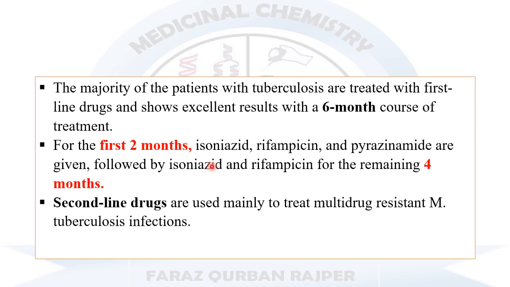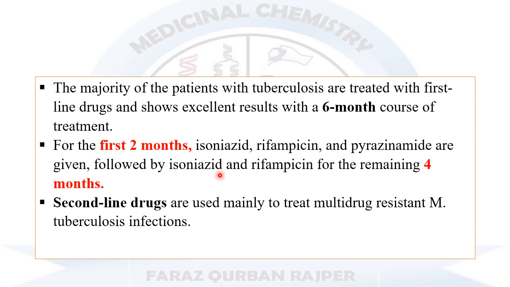After that, you may observe that the use of first line and second line drugs depends on the duration of the treatment. The majority of patients with TB are treated with first line drugs, and they show excellent results within a 6-month course. So normally a 6-month course is required for the treatment of active TB.